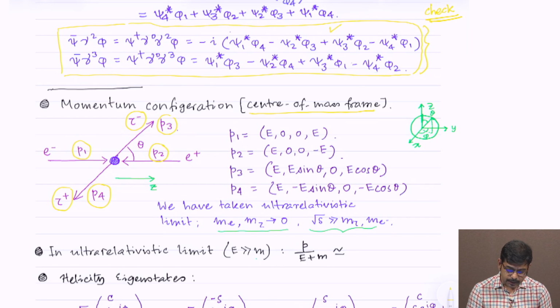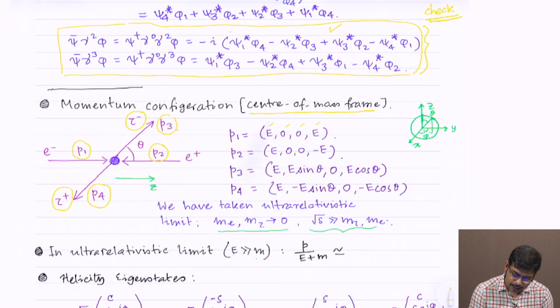So, in the center of mass frame, and particularly in the case where we are neglecting the individual masses and you assume this collision to happen along the z axis, for the electron I basically have the energy and the z component of the momentum, and just because it is in the massless limit, those two have to be the same. So, P1 will be (E, 0, 0, E).